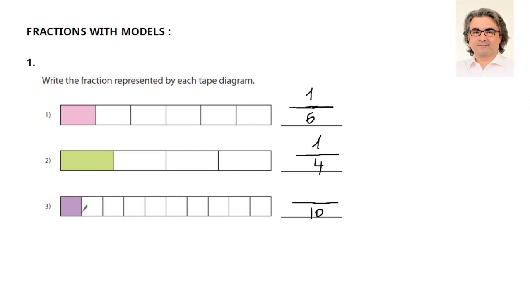And the number of shaded region is only 1. So we showed all figures as fraction on shaded region, and 1 over 6, 1 over 4 and 1 over 10 are unit fractions, you know, from our previous lesson. Now let's continue with the next page.